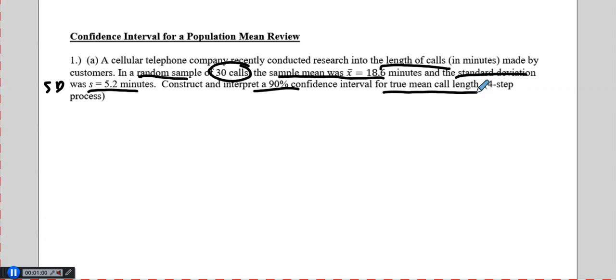All right. So when we do step one, we just identify with our funky looking mu. And it tells us right here, pretty much, true mean of customer call lengths.